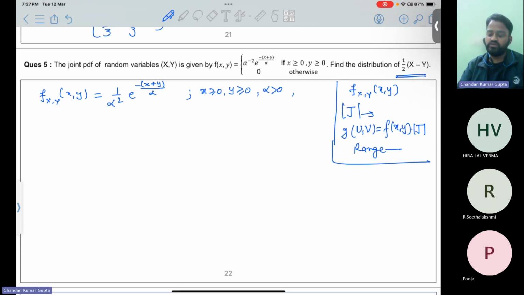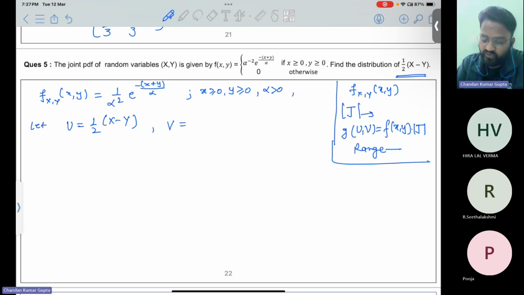First step is that we need to calculate the Jacobian. For this, let u equal to half of x minus y. We need 2 transformation equations here, so we have assumed v equal to y.